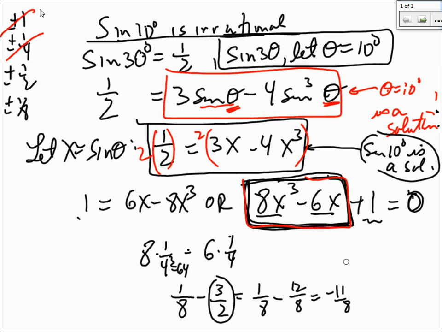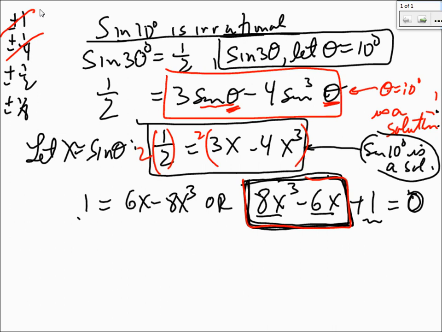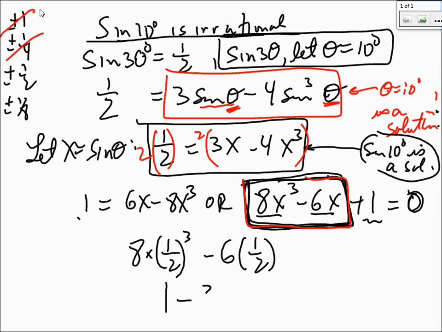Let's try 1/2. 8 times a half cubed minus 6 times a half. Well, a half cubed is 1/8. 8 times an eighth is 1. Take away 6 times a half, which is 3. 1 minus 3 is negative 2.